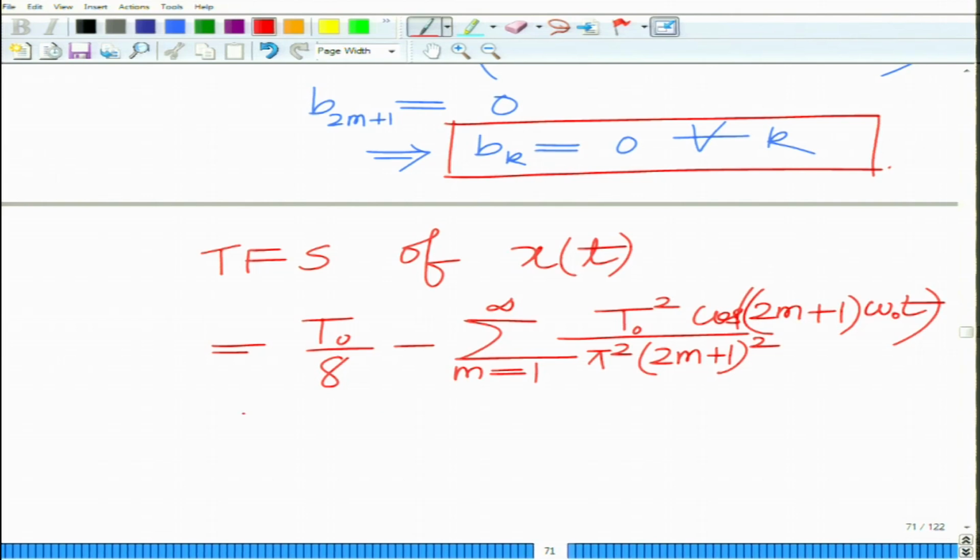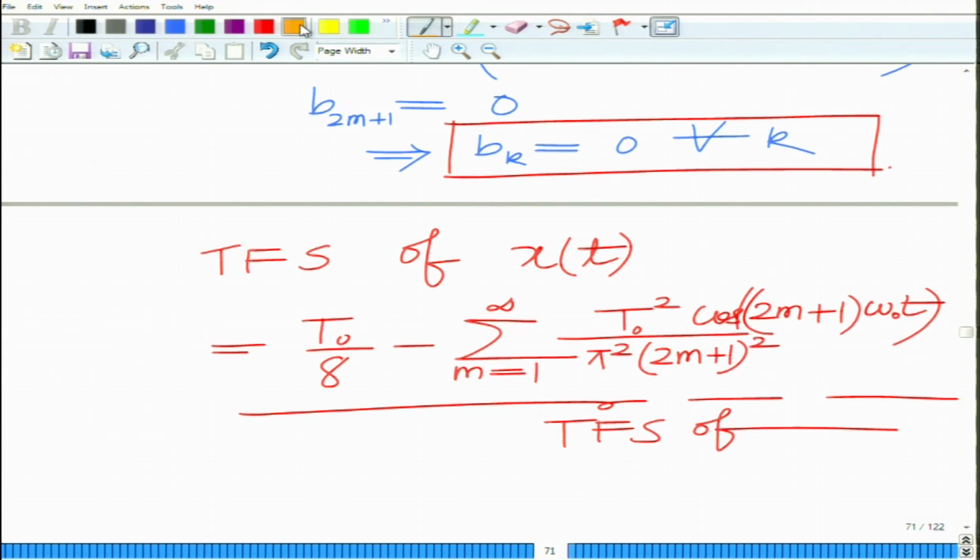That is your TFS. This is the TFS of the periodic triangular wave. Okay, so that basically completes.